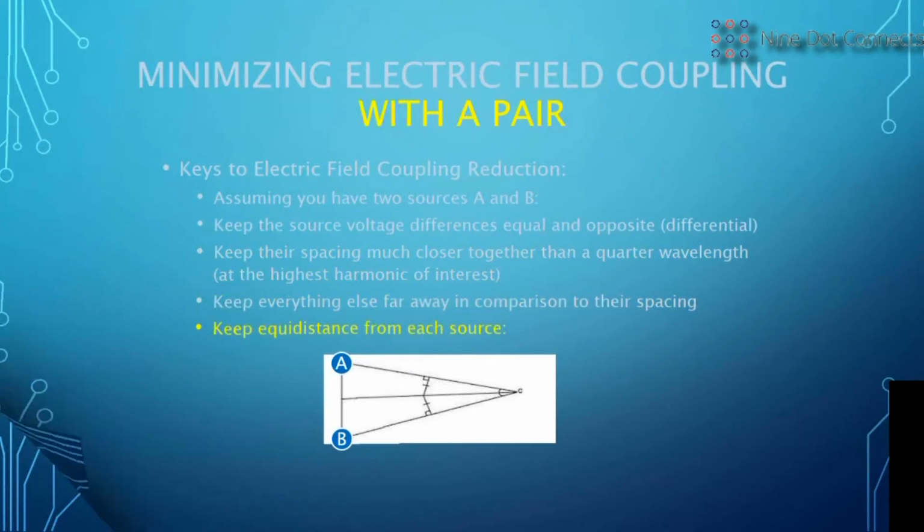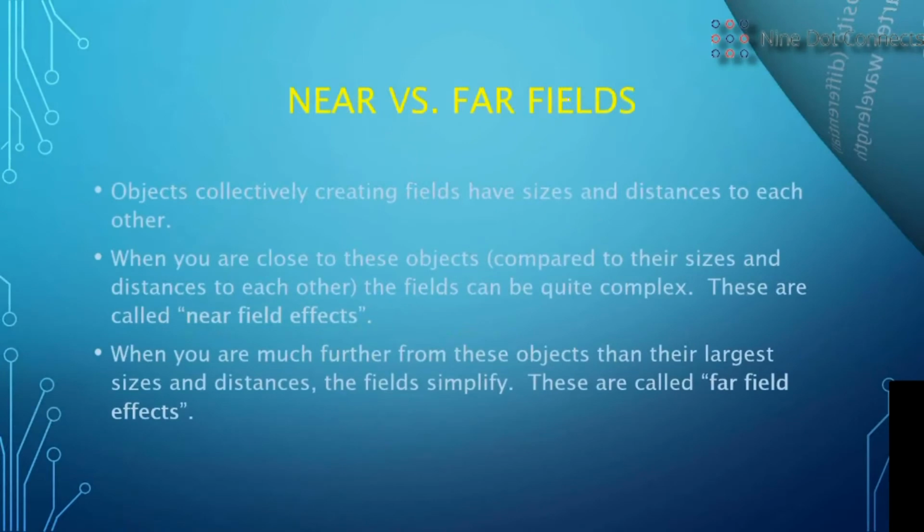So let's talk about near versus far fields. And again, this is an approximation. An antenna person would probably take exception to the words that I'm saying because I'm abbreviating them very much. But objects collectively creating fields have sizes and distances with respect to each other, and they create fields that are fairly close. So when you are close to these objects, the fields can be quite complex.